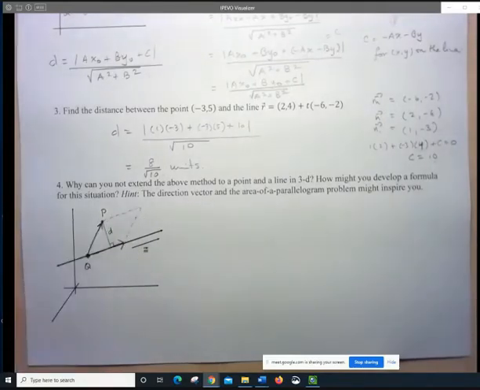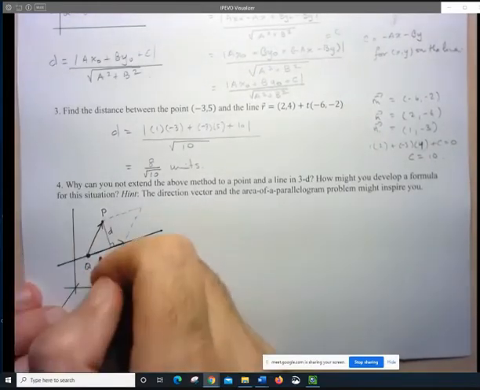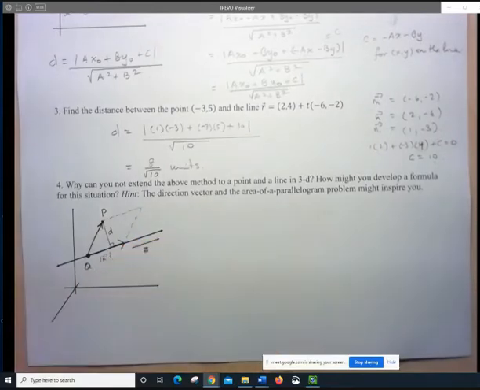It represents the height of the parallelogram. Good. And, wait a minute, what would the magnitude of M represent with respect to this parallelogram? The base. And somebody seemed to indicate that if I have the base and the height of a parallelogram, I can calculate its area.